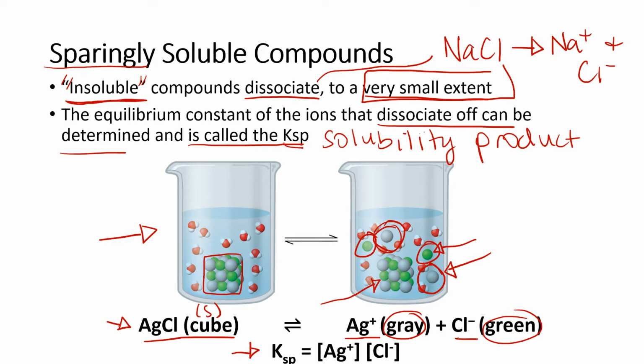We don't include that because it's a solid, and we don't include solids or liquids in our equilibrium constants. So this is just an equilibrium constant, except it's a little bit special. It has a special name, the same way we call them Kas for acids versus Kcs because it's specifically for an acid. So it's a similar idea here for our solubility product.